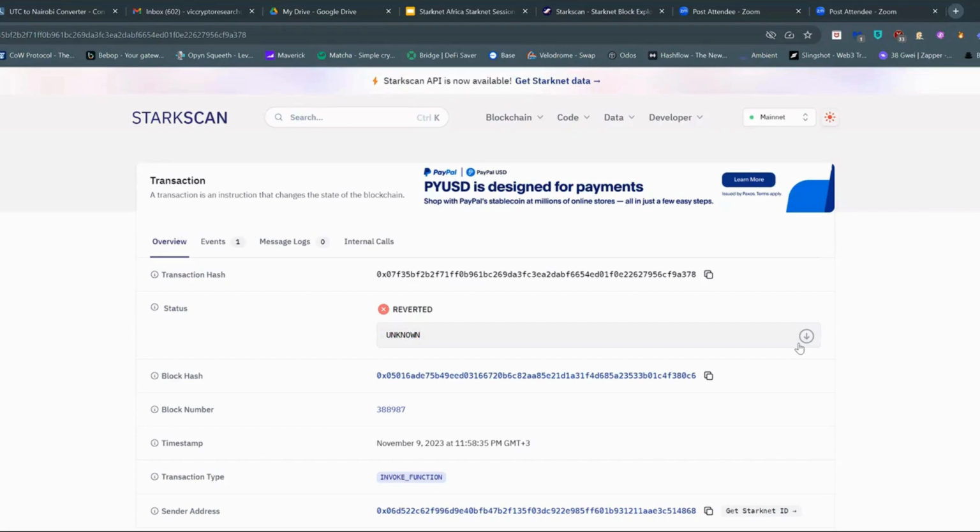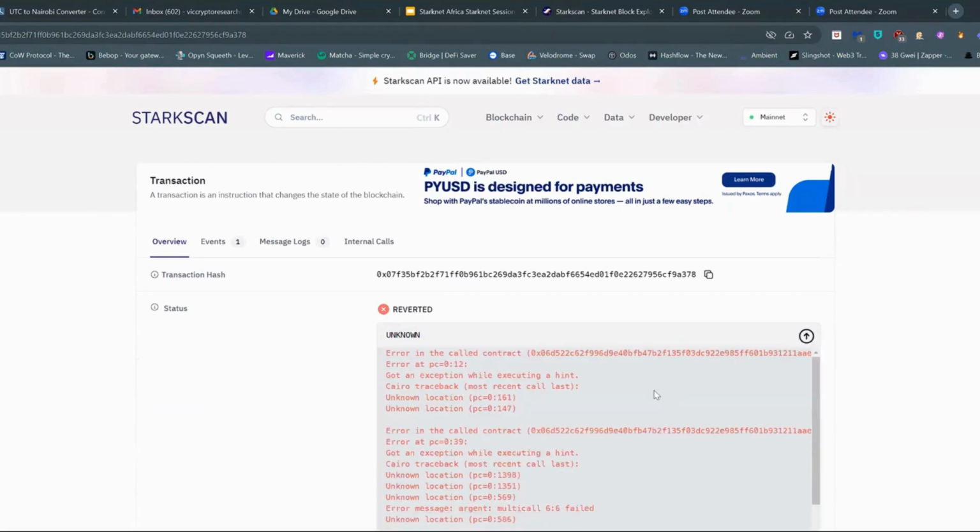The other execution status is reverted, what we have here. The transaction passed validation, but failed during execution. So it can fail for whatever reason. Maybe there might be some inconsistency. Maybe you are calling functions where, for example, the interfaces don't match. So it could be anything.